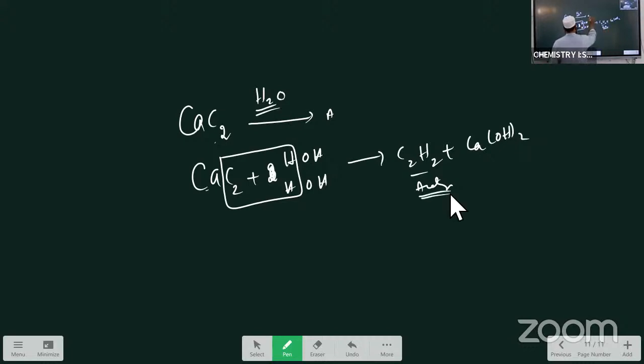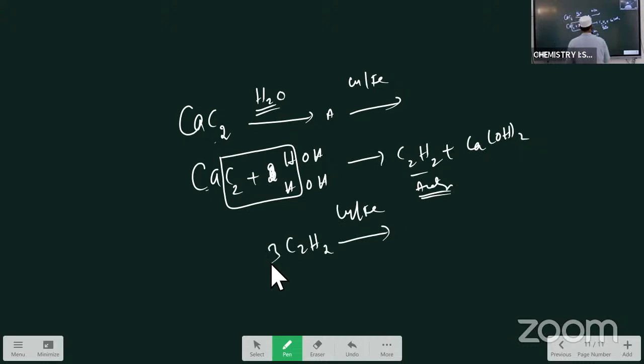When acetylene is passed through copper or iron tubes, polymerization, trimerization takes place, and C6H6 benzene is formed. So when A is passed through copper or iron tubes, B is benzene.